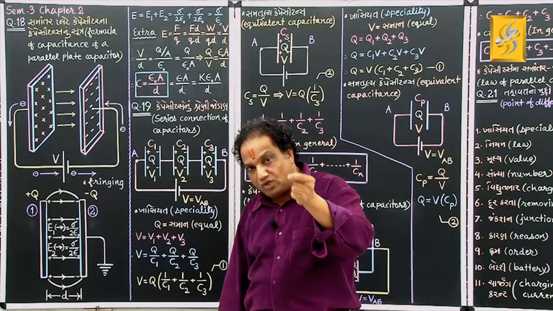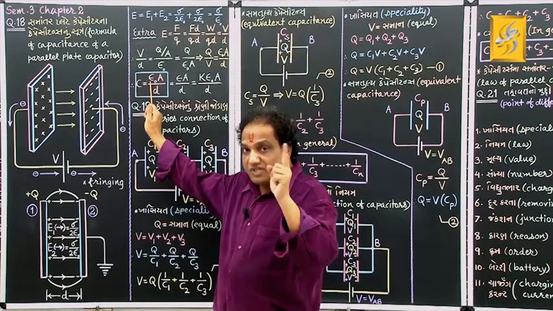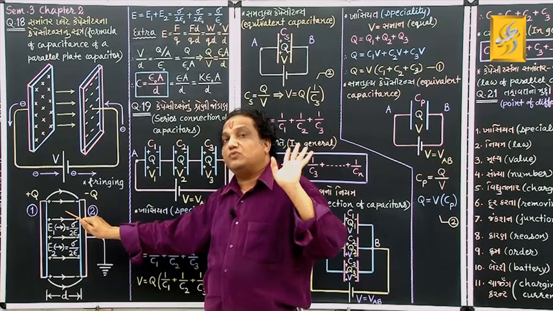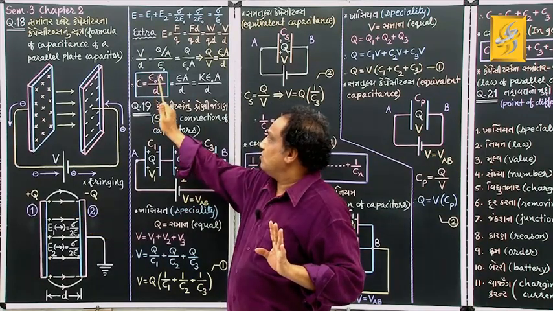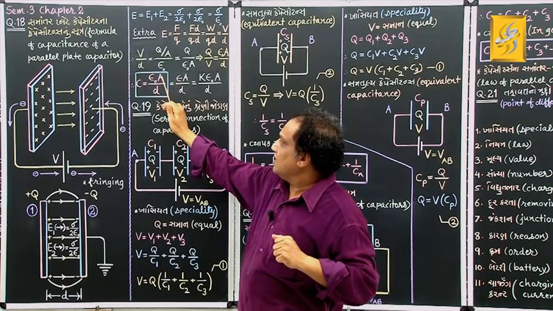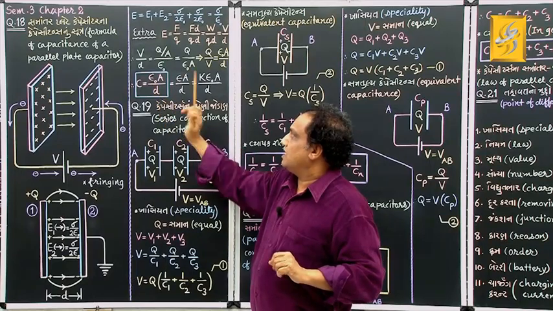At that time you need to make a little change in the formula. Instead of epsilon 0, whichever medium you are placing here, its permittivity is to be written. So, instead of epsilon 0, we should write permittivity of that medium, let it be epsilon, rest of the part as it is, okay?